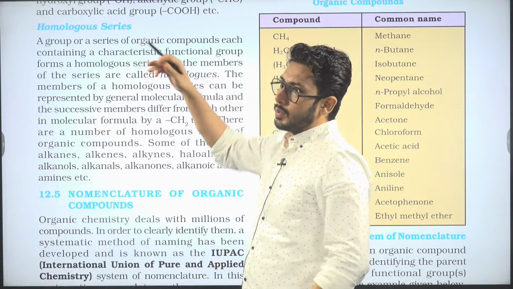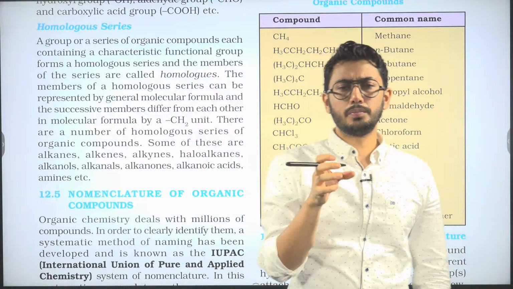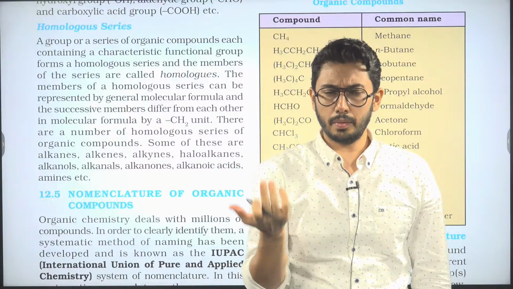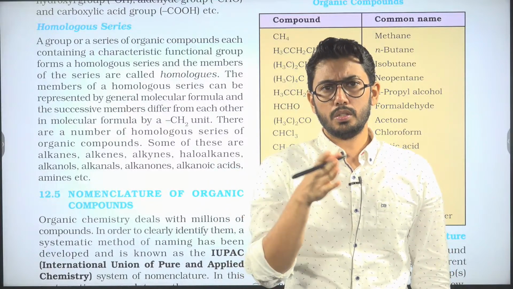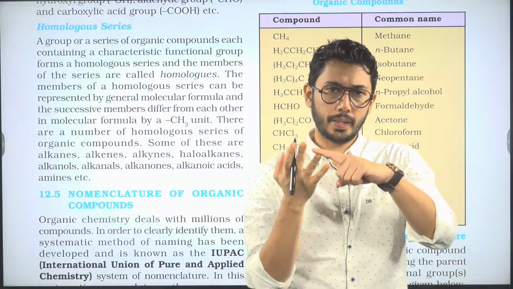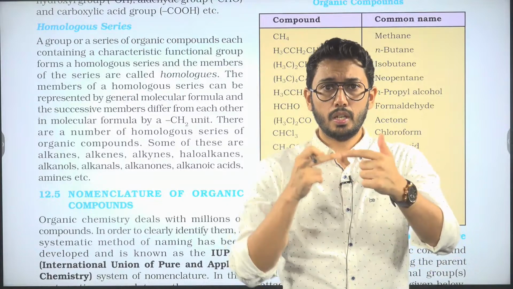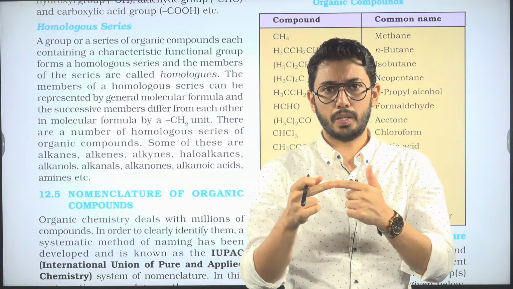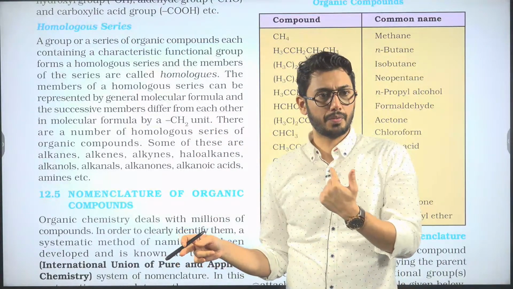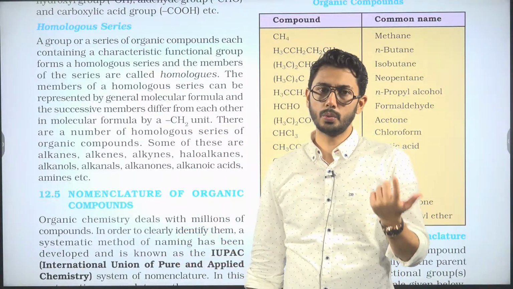So in homologous series, what is the key point? It is a series of compounds which have the same functional group, same general formula, and each consecutive member differs by a CH2 group or CH2 unit.